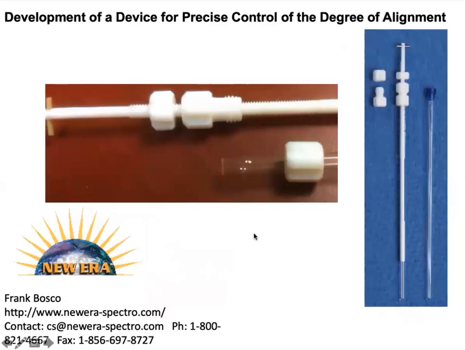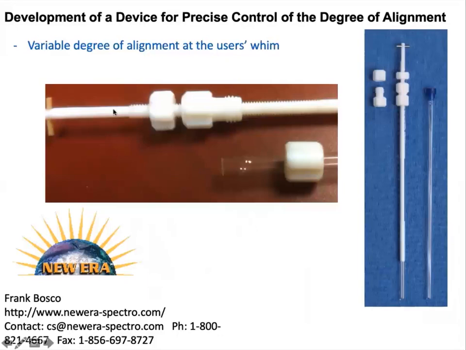This led to the development of a device for really precise control of the degree of alignment. The device is commercially available from New Era Enterprise, and we worked with Frank Bosco on the development. So you can see it's a Teflon plunger with a lock and special NMR tube, as you can see here.